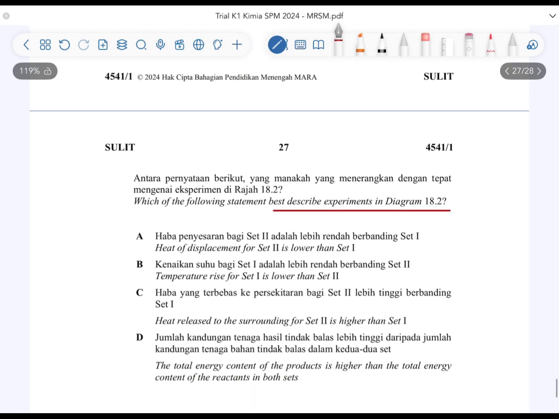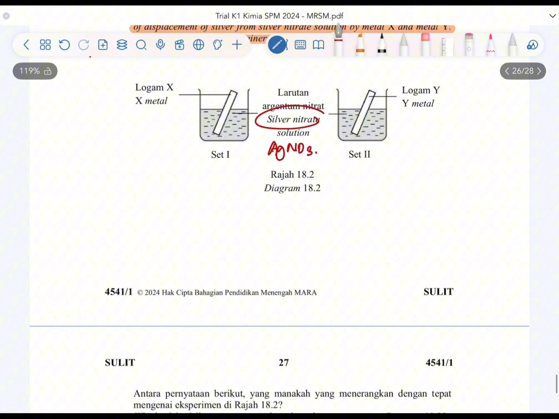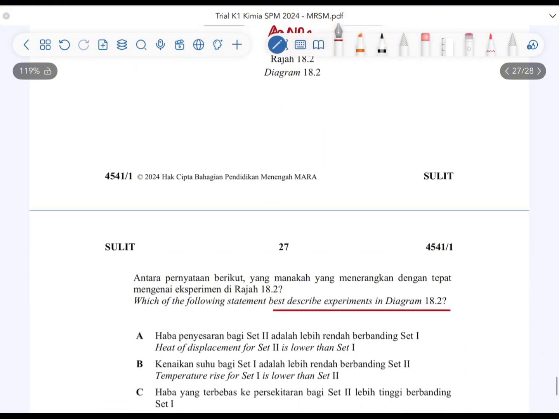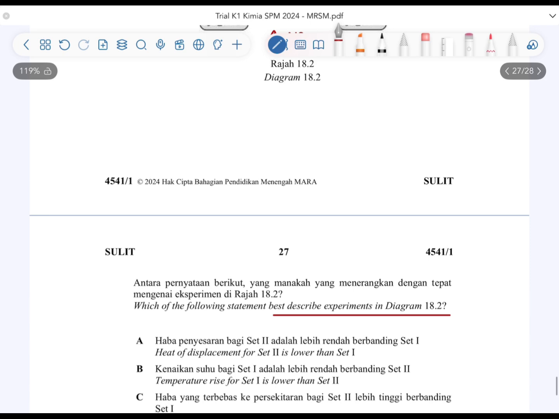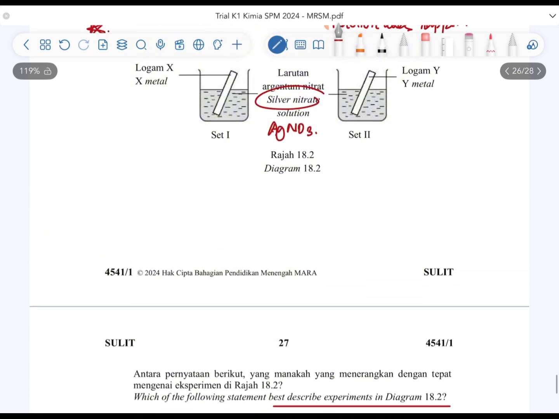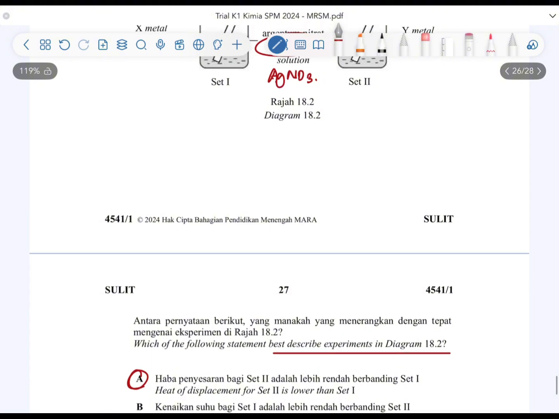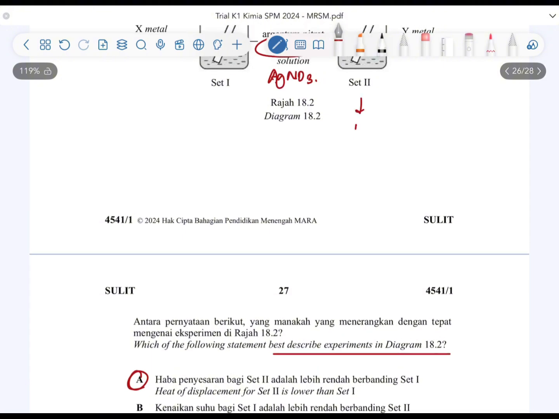So A, the heat of displacement for set 2 is lower than set 1. Yeah, the answer is A, because this is a less reactive metal.